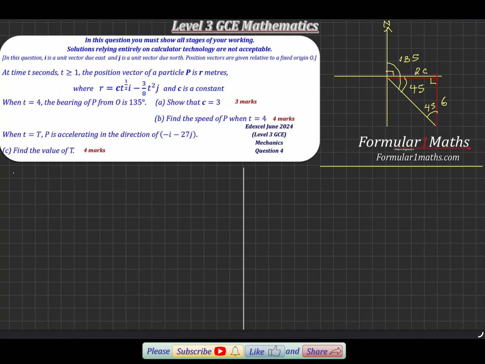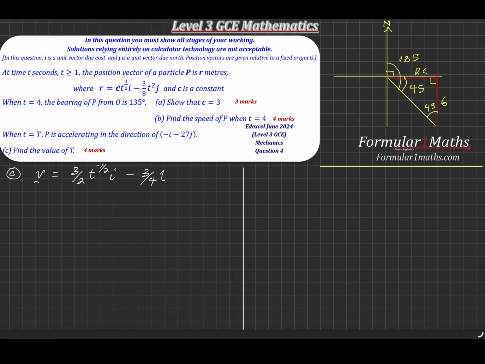So we already know that v is equal to 3/2 t^(−1/2) i − 3/4 t j. Now for acceleration, we need to differentiate the velocity.